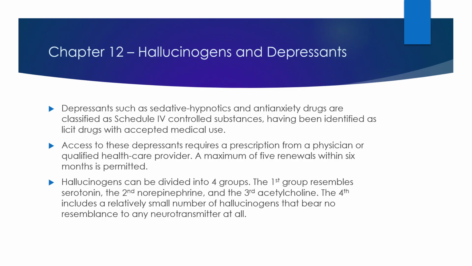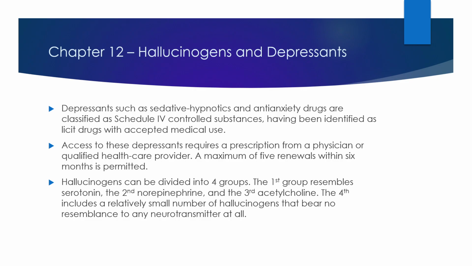Hallucinogens can be divided into 4 groups. This is interesting because the groups are based on the chemical resemblance of the type of drug to different neurotransmitters. The first group resembles the neurotransmitter serotonin. The second group, norepinephrine, another neurotransmitter.